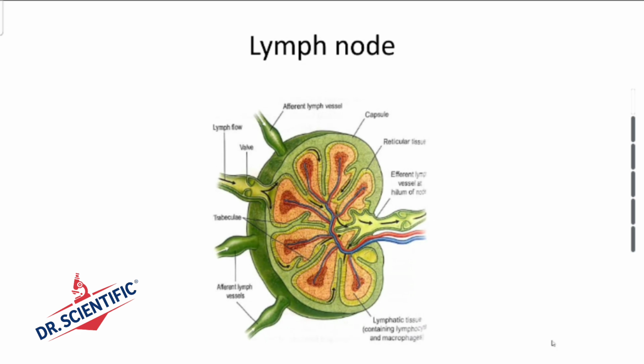Of course, the lymph node, just like any other organ in the body, has to have a blood supply. And you can see the blood supply, the artery and the vein coming in. And in those follicles is where you find the lymphocytes and macrophages.